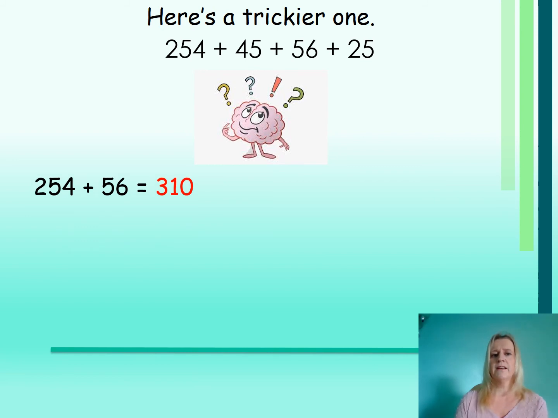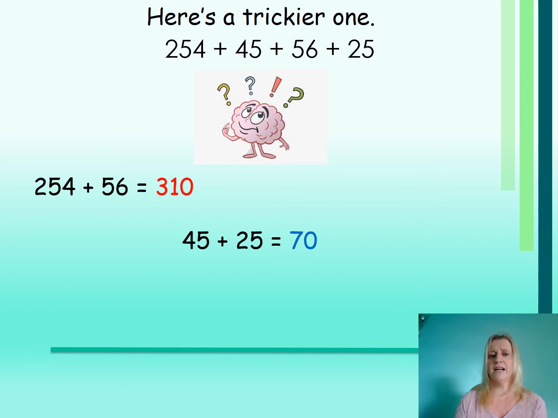I spotted that 254 add on 56 would give me a multiple of 10 because I knew that 4 and 6 gives me a tens number. 254 add on 56 is 310. I also noticed that 45 add on 25 both had 5s in the ones column, which gives me a multiple of 10. 45 and 25 gives me 70.